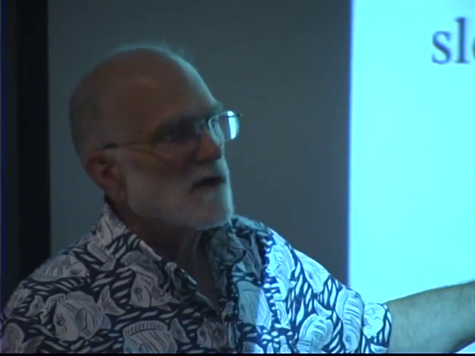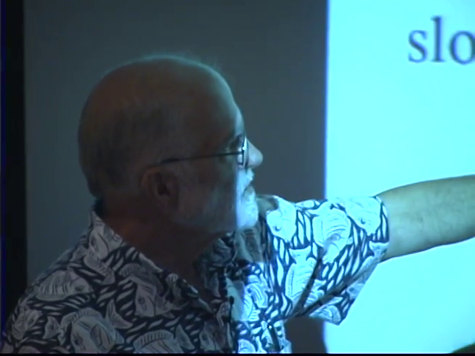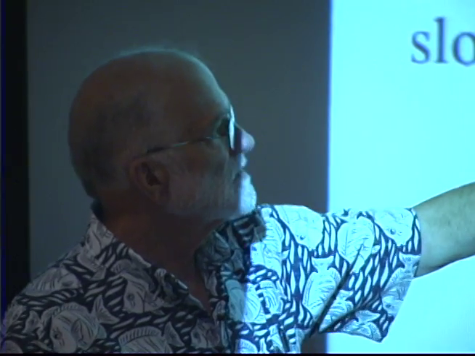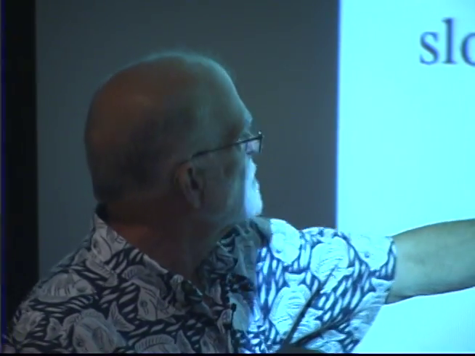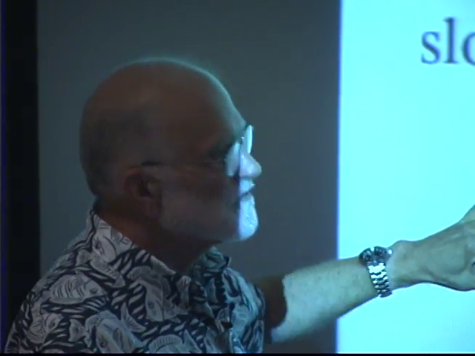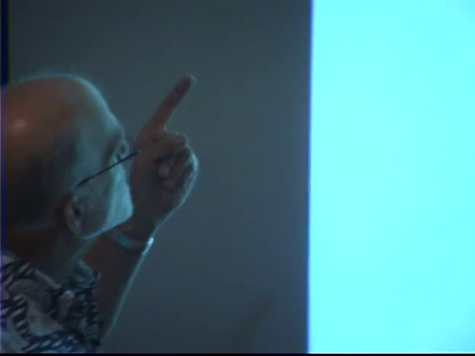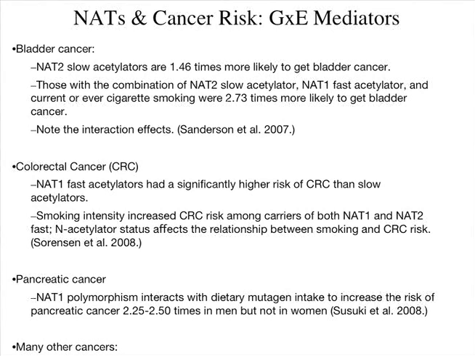There's a lot of detailed information on global variation here, but just to indicate it, Europeans and North Americans tend to be slow acetylators. East Asians are much less frequently slow acetylators. And the big point I want you to take home from this one is that we know something about the G by E interactions. So, if you are a slow acetylator for N-acetyltransferase 2, you're 1.46 times more likely to get bladder cancer.